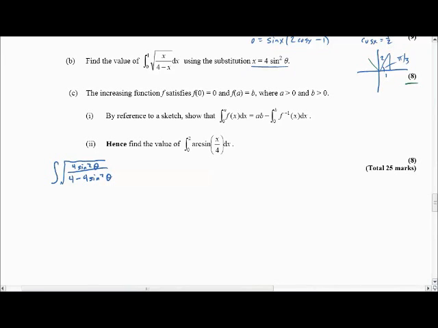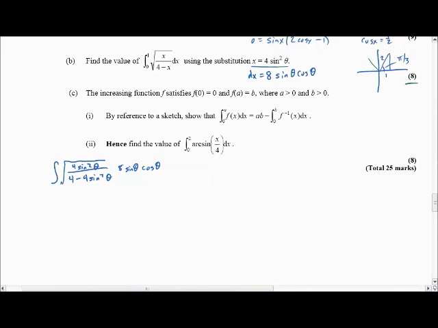And we do need to find out what dx is, so dx equals, we bring the 2 in front, so that will be 8 sine of theta, which then has to be multiplied by the derivative of the inside, which is cosine of theta. So then we have 8 sine of theta cosine of theta.